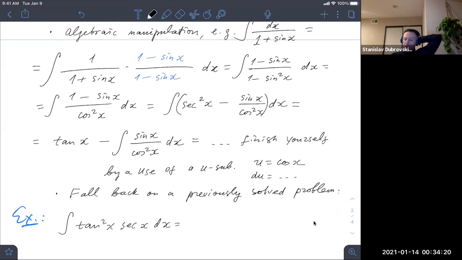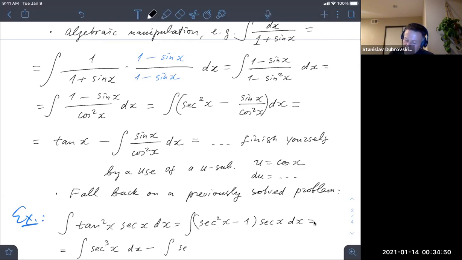Maybe not so obvious what to do, but if you use a trig identity relating tangent and secant, so tangent squared plus 1 is secant squared, we can say that secant squared minus 1 is the tangent squared. Multiplied by the remaining secant, and what do you see here? You see secant cube after you distribute the secant on the left and on the right.